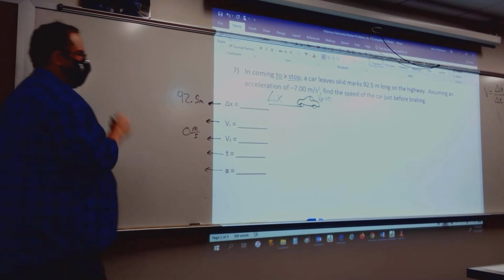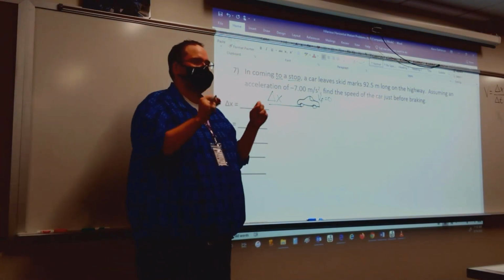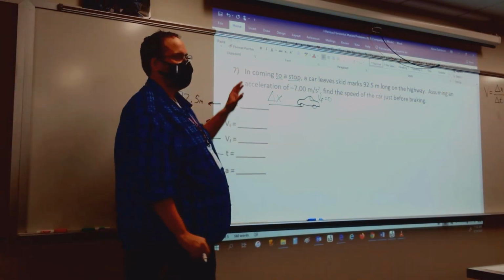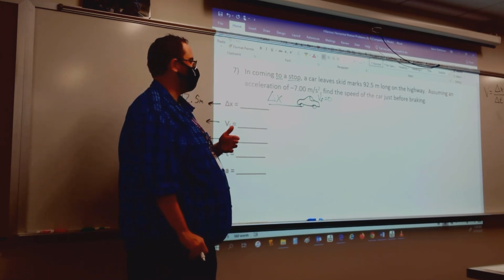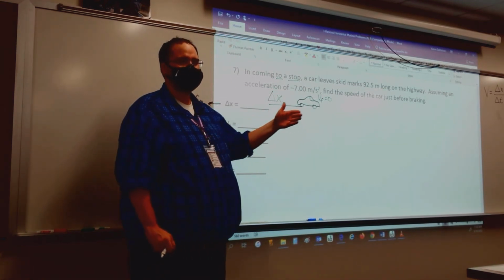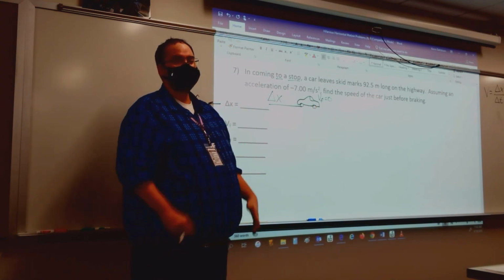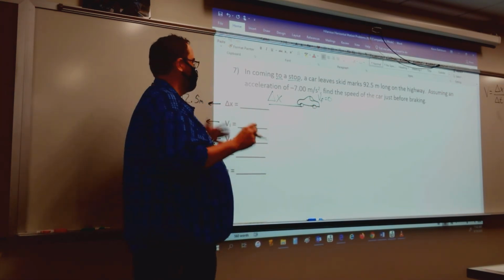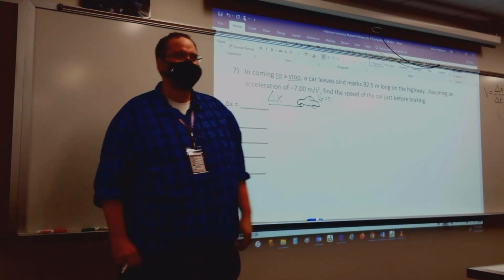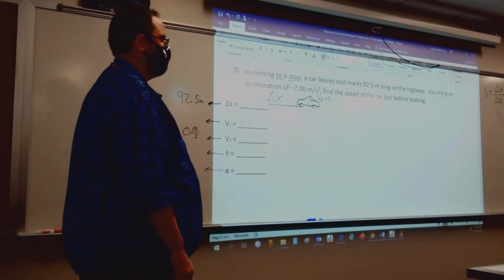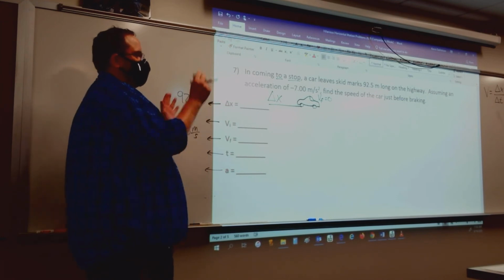Now, this is on the verge of not really making sense. If you're traveling, you hit the brakes, and it takes you 92.5 meters to slow down, you might be thinking you're going fast. -7 meters per second squared is not really that fast. This is maybe not the most realistic thing.